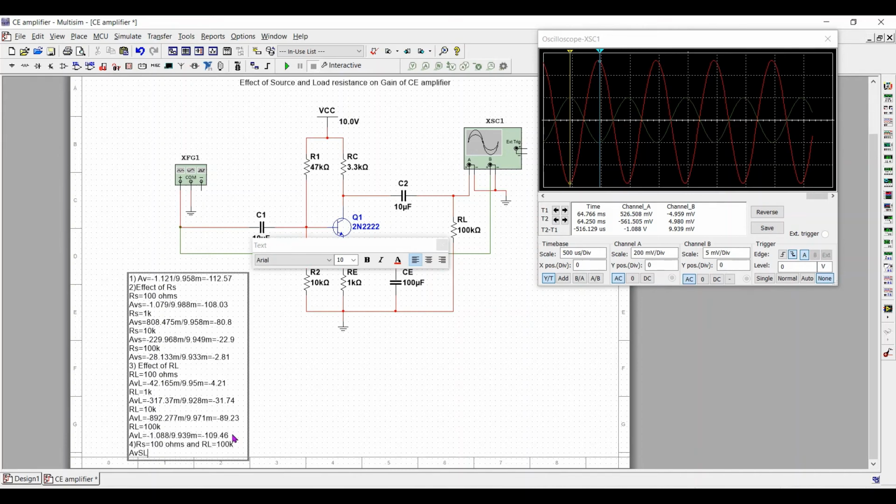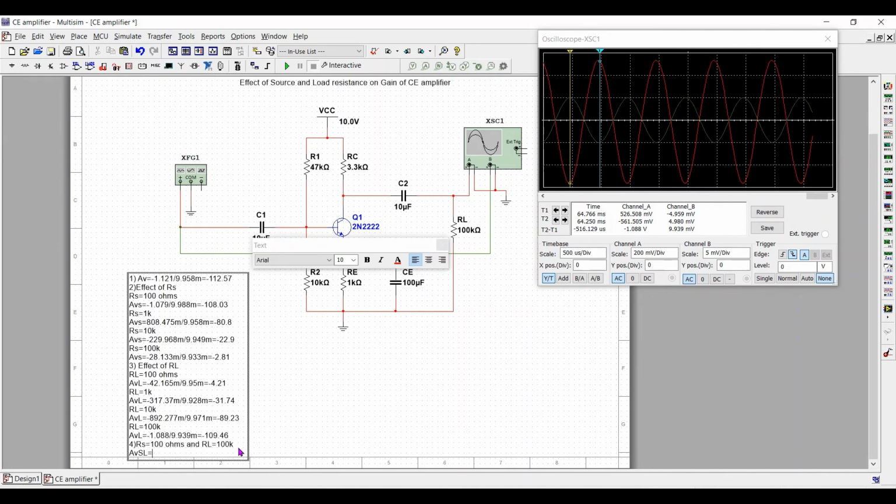That means it has both the source and the load resistance. So from the source resistance, it was observed that for Rs equal to 100 ohms, the gain is maximum. Therefore, we are taking Rs equal to 100 ohms. From the effect of load resistance, it was observed that for RL equal to 100k, the gain is maximum. Therefore, we are taking RL equal to 100k.